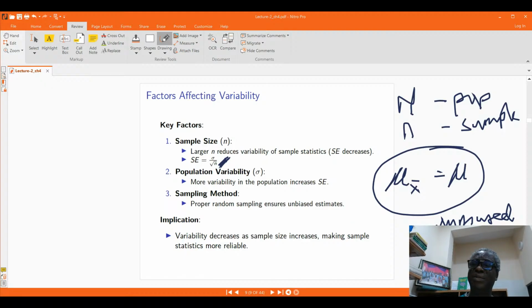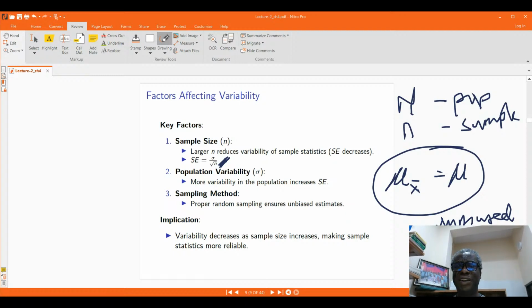So I repeat, when the mean of the sample means is equal to the population mean, then you have an unbiased estimate.